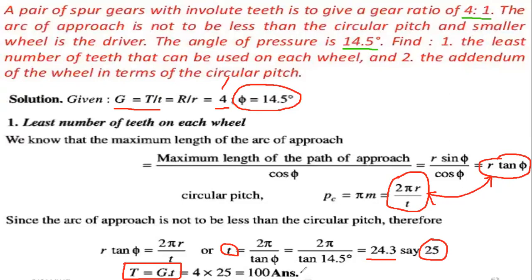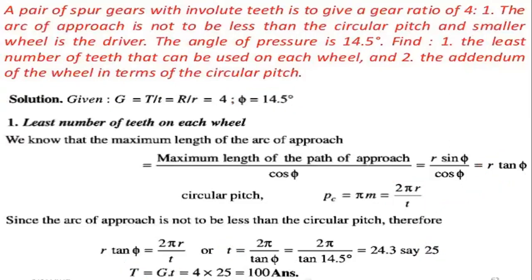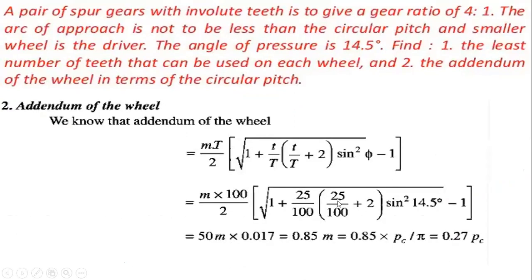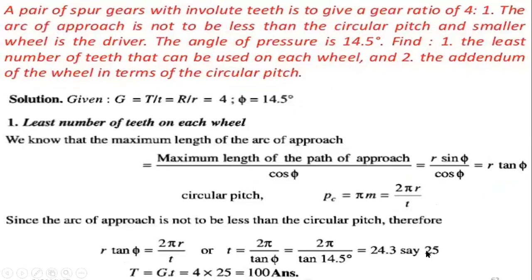In total it is obtained as 100. That is, the large gear teeth is 100 and the small gear teeth is 25. So that is the first thing they have asked, the least number of teeth that can be used on each wheel. So for the smaller wheel it can be 25, and for the larger wheel it is 100.